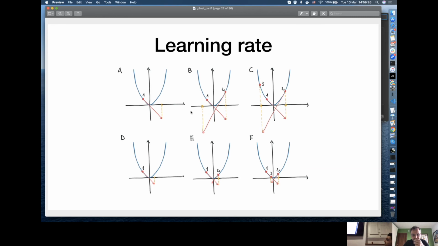Okay, and then of course the learning rate is very important, because you don't want to make your training diverge by taking steps that are too large. What does it mean to take steps that are too large during gradient descent? It means you take steps for which the linear approximation no longer holds.